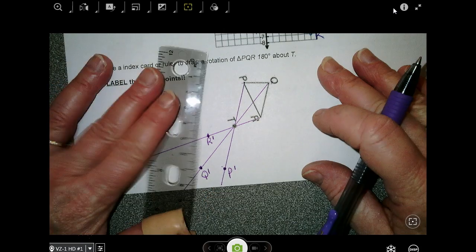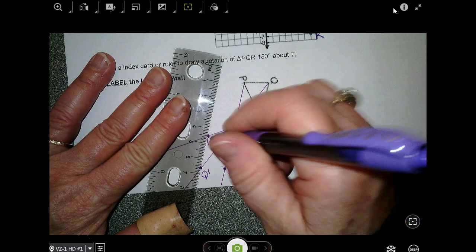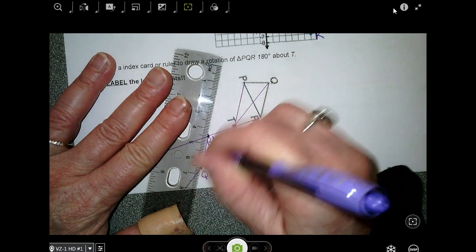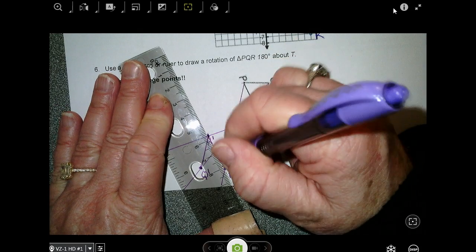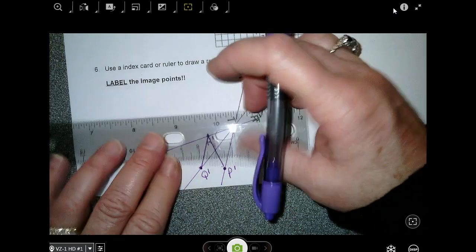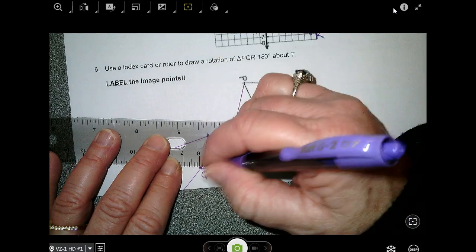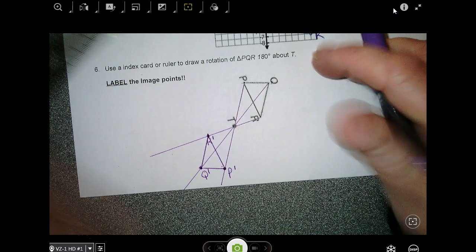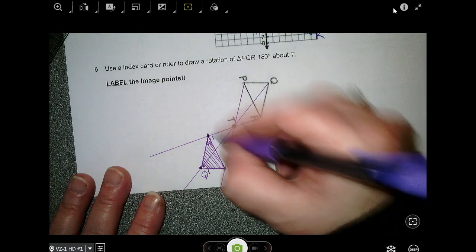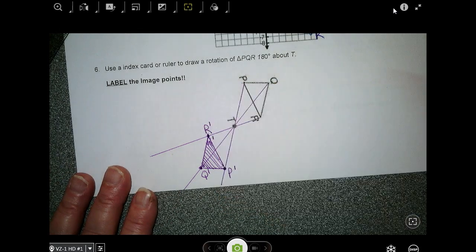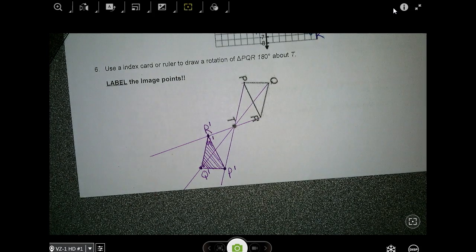Then you want to make your triangle. Oh, I'm going to relabel my R prime since I kind of covered it up. All right, and there is your 180-degree rotation of triangle PQR.